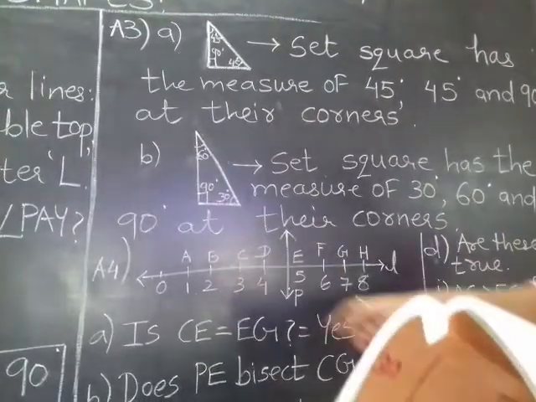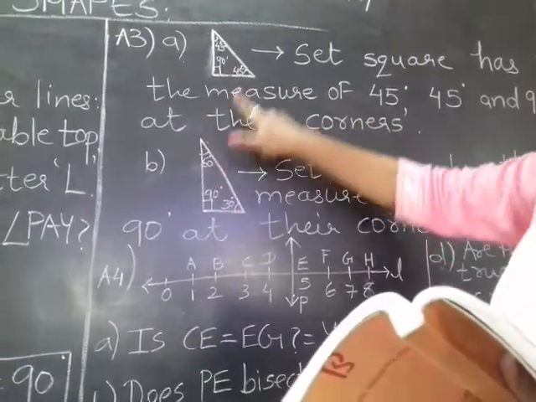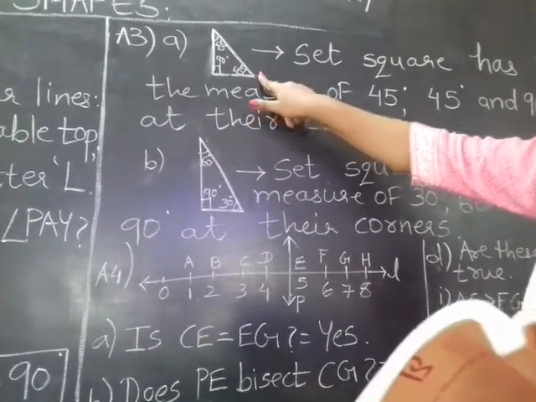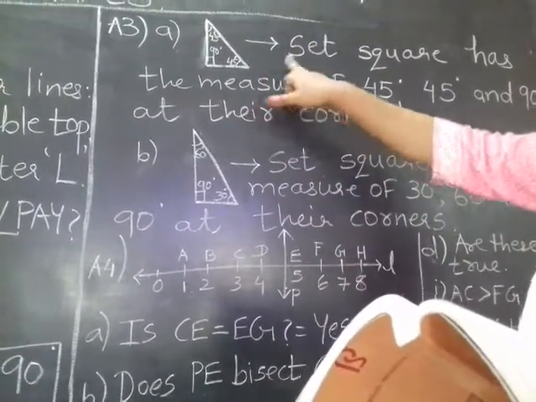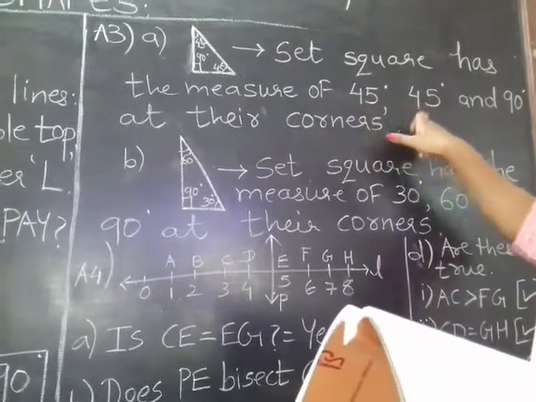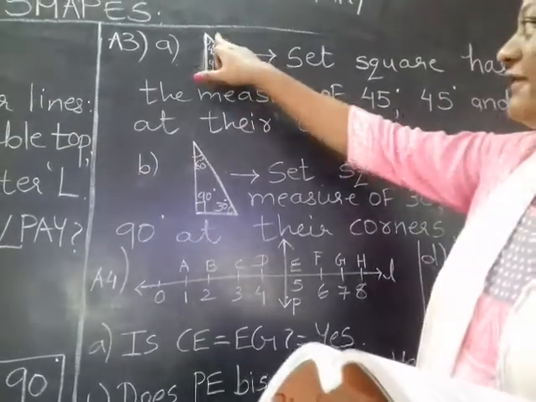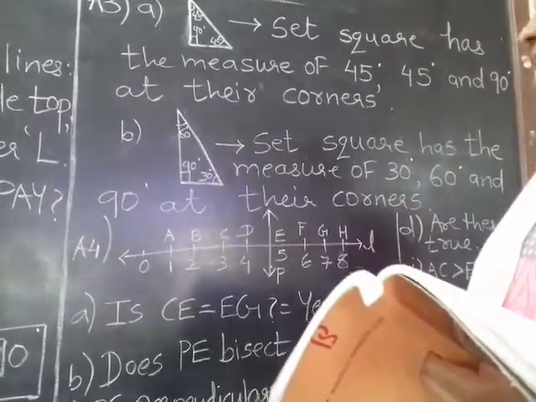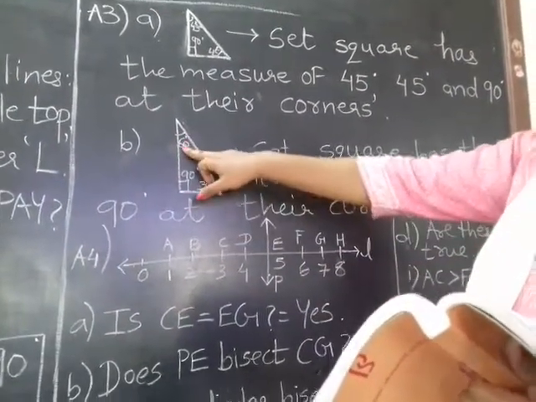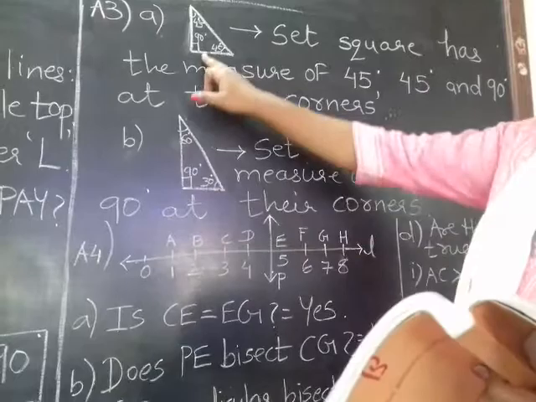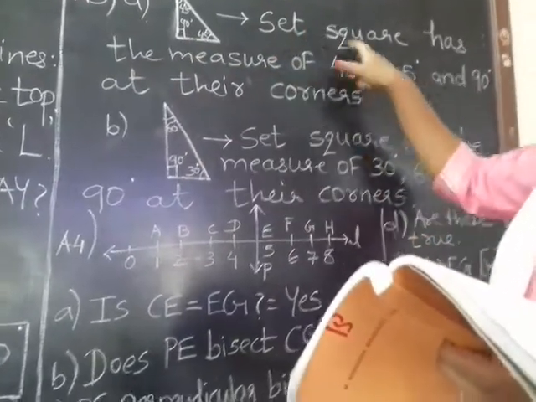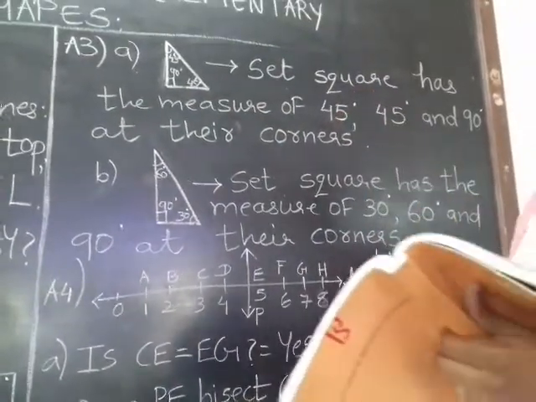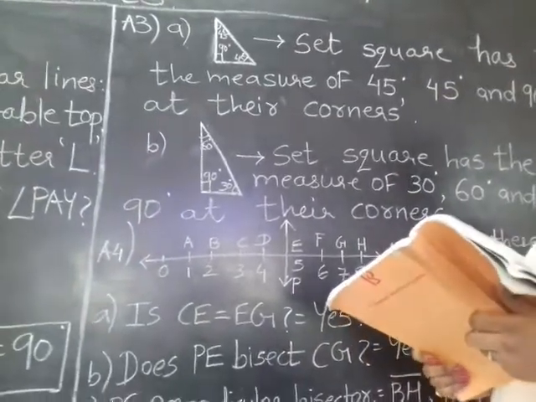Yes, the common one is 90 degrees. The first type of set square has two angles of 45 degrees, 45, 45, and one of 90 degrees. And another set square has 30 degrees and 60 degrees, but 90 is common in both the set squares, right? Okay. Moving on to question number 4.